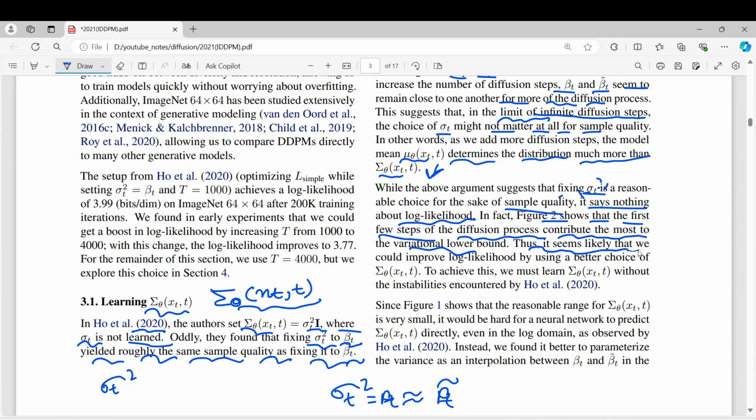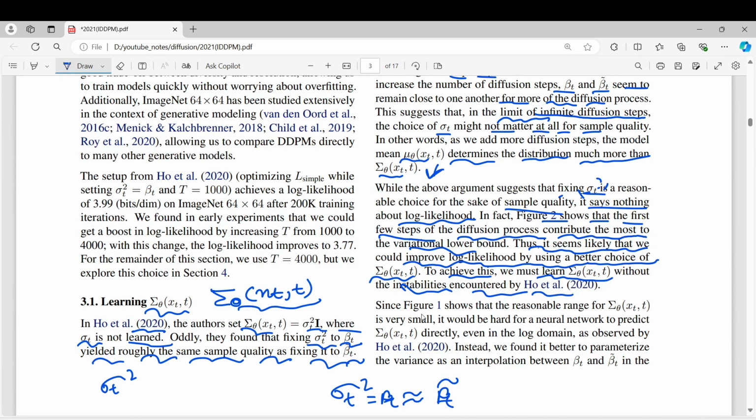Thus, it seems likely that we could improve the log likelihood by using a better choice of this quantity. To achieve this, we must learn this. So if you want to improve the log likelihood of the model, you should learn this quantity, without any instability encountered by these guys.